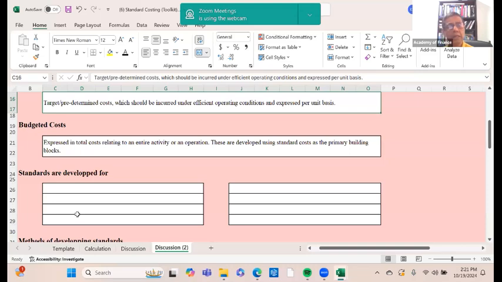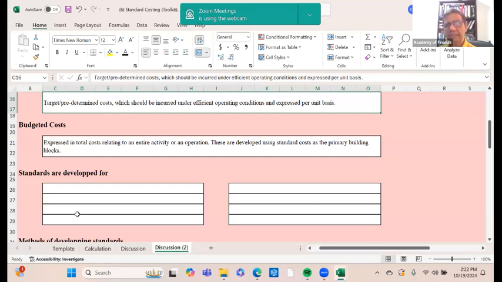Per unit level. Standard of raw material price. The standard raw material usage. Standard raw material mix. Standard labor rate for each worker category, skilled, unskilled, whatever.